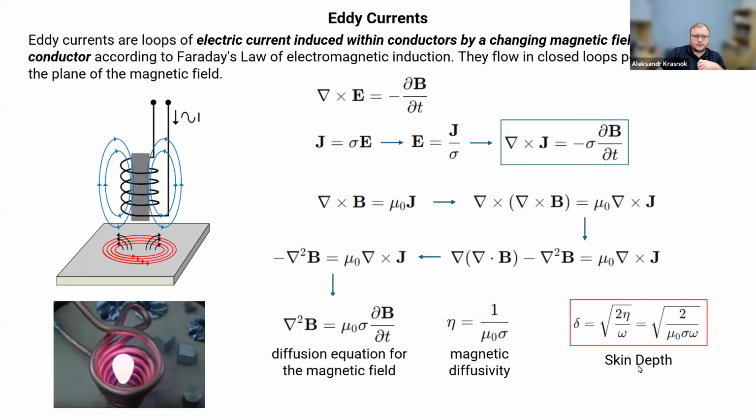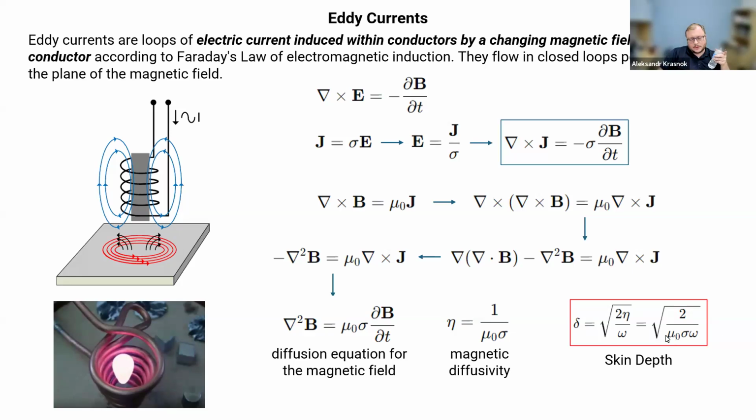We also introduce a new parameter which is called skin depth, which is not just about magnetic field, but well, electric and magnetic field. Okay, so this parameter describes the depth of propagation or penetration of electric and magnetic field inside of the metallic object. Basically this distance from the boundary.